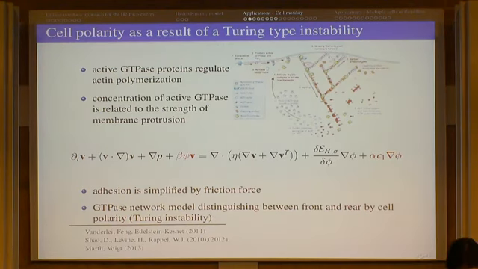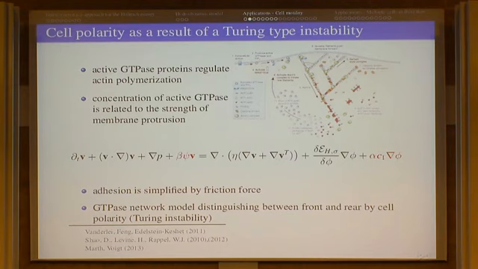Okay, and for the actin polymerization, can you see it? No, you can't. But here are these actin filaments, and of course here's the cell membrane, and they polymerize at the front and push against the membrane and protrude it.